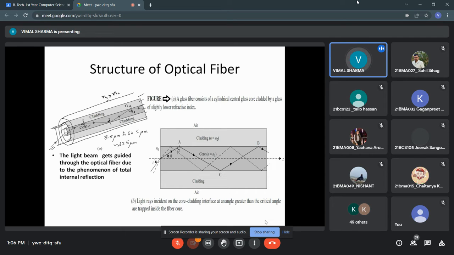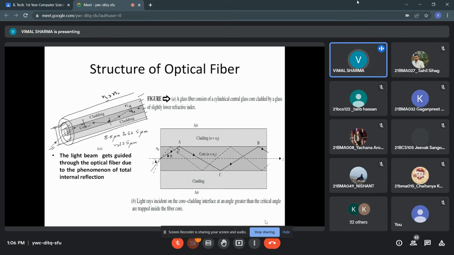The outer cylinder, which is called cladding, is highly pure silica, highly pure glass. And we dope the inner core with some impurities. It is not as pure as the cladding is.